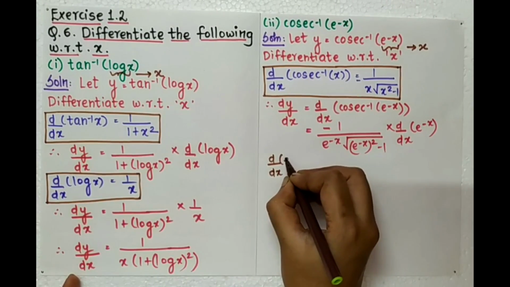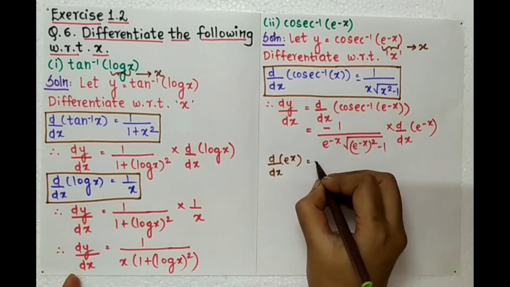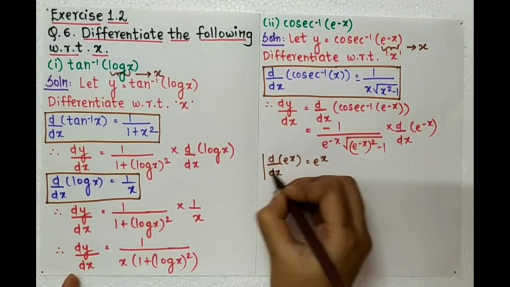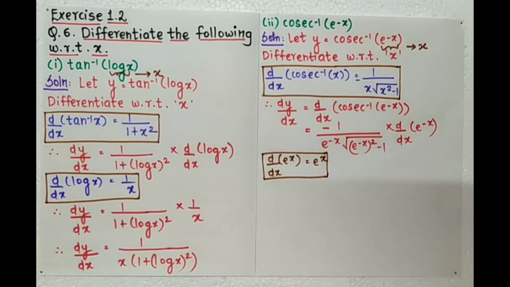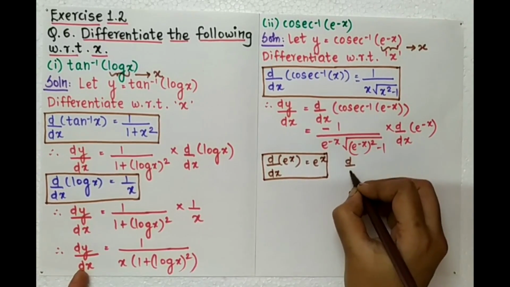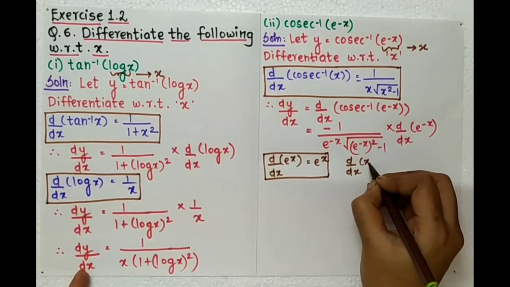We all know that derivative of e power x is e power x. And derivative of x is 1.